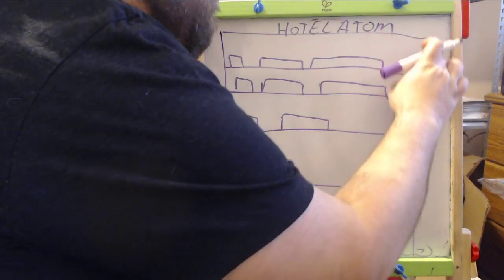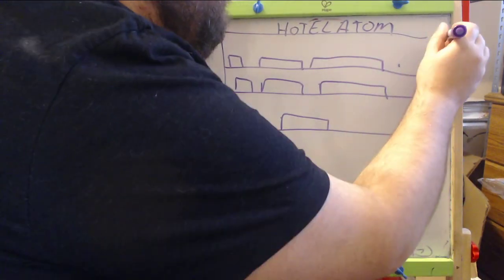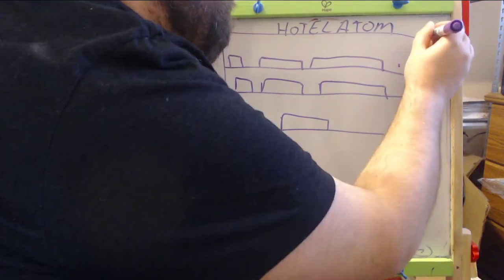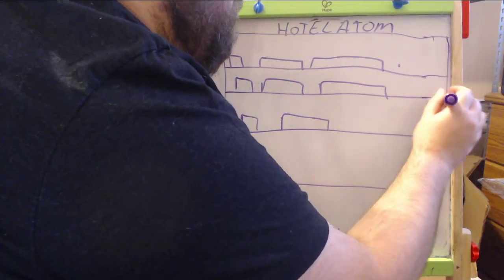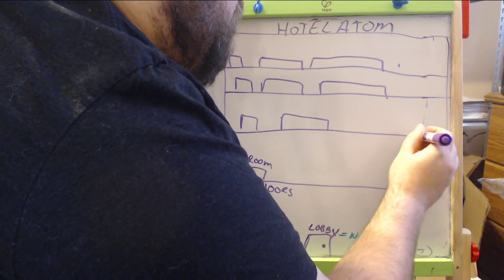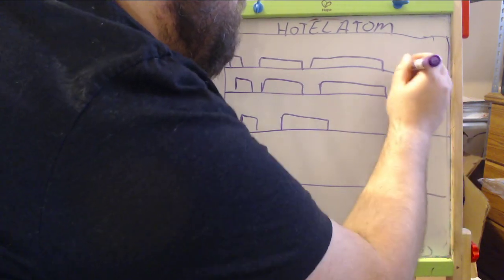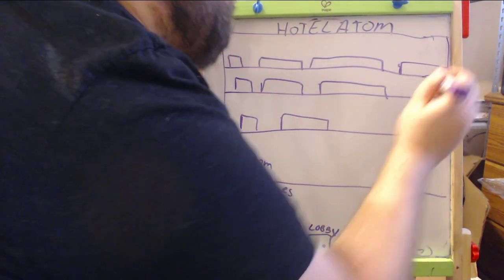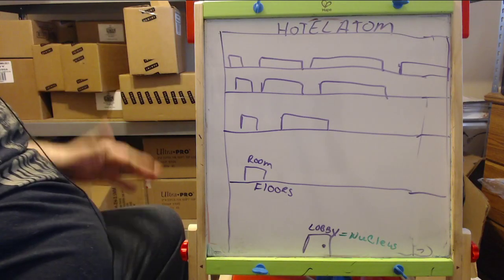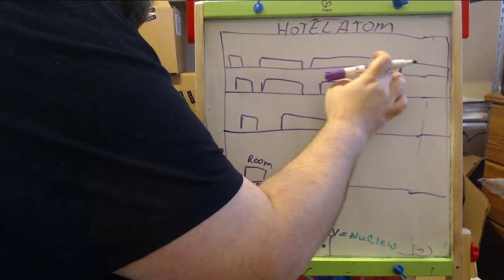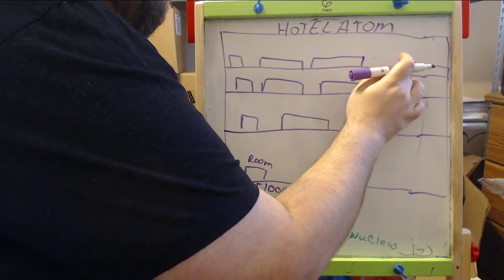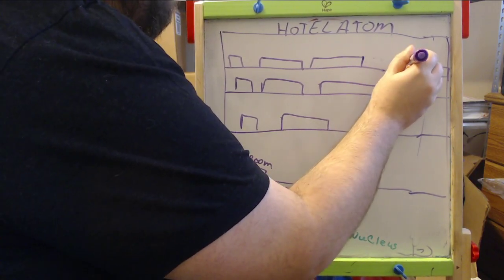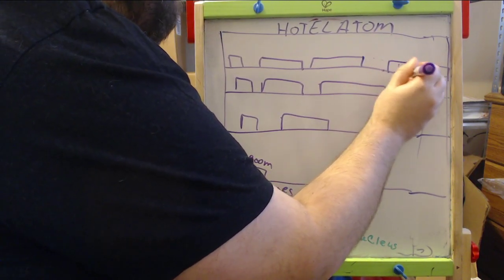I gotta extend Hotel Atom out here. I need a little bit more room. We need one more long one there. Let's make this one a little bit shorter and that one a little bit longer. That'll work. Okay, we need rooms.